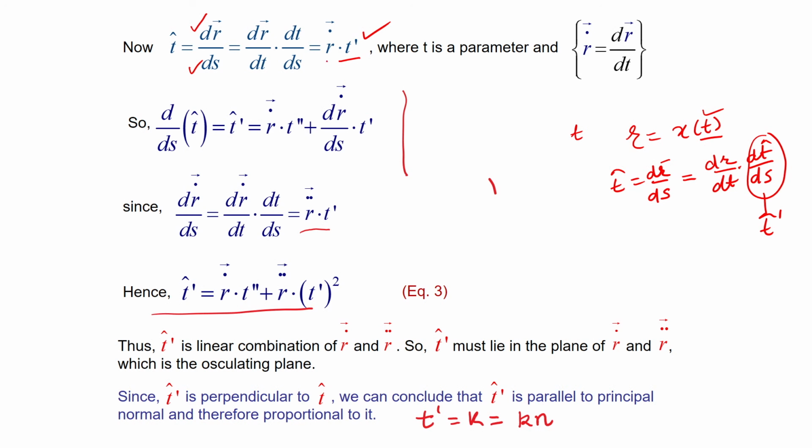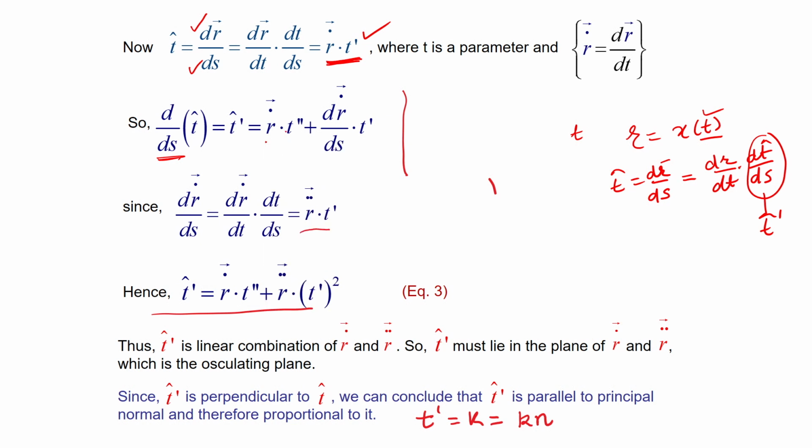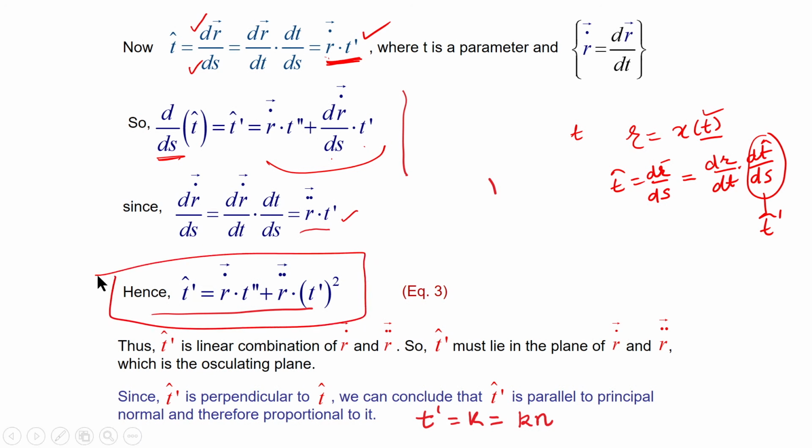Then we are differentiating this with respect to s. First function as it is, differentiation of second function, and then differentiation of first function, second function as it is. So, from there dr by ds again, r double dot t dash. So, finally we got this equation.